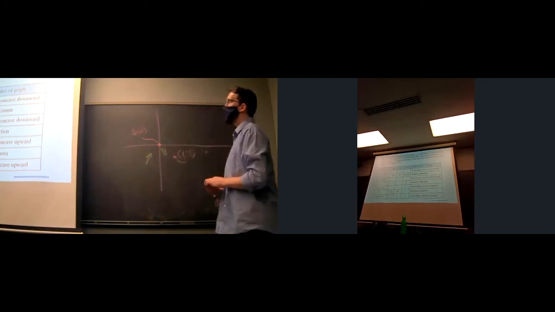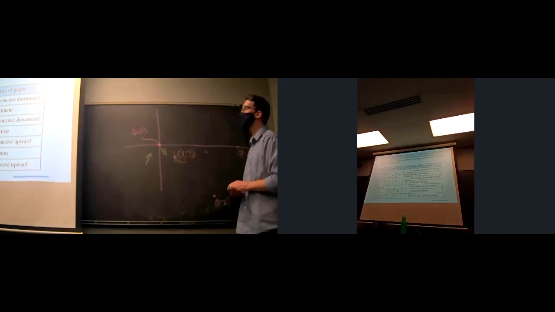So we were increasing on the left, decreasing on the right. Negative 3 was a point of inflection, but we kept decreasing. So it had to be a particular point of inflection. We went from concave up to concave down, so it had to be that sort of S shape point of inflection, right?